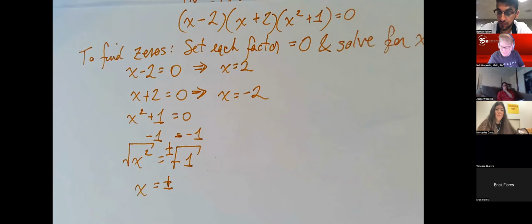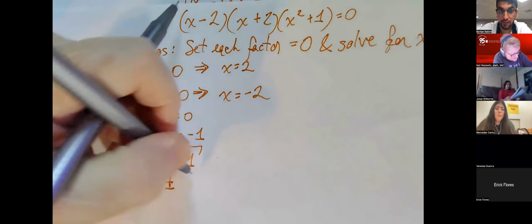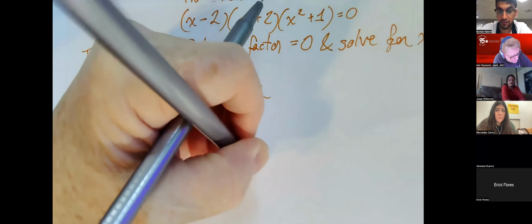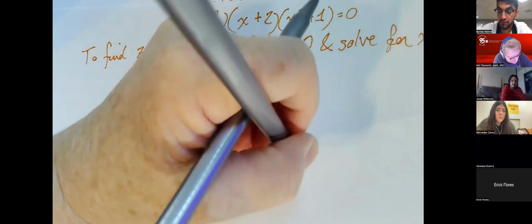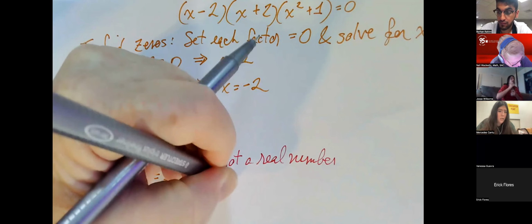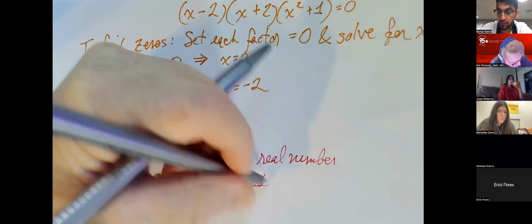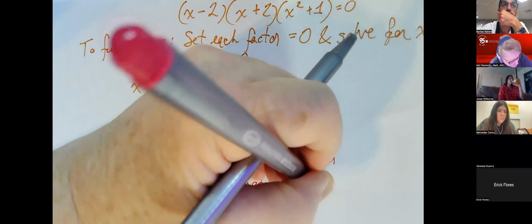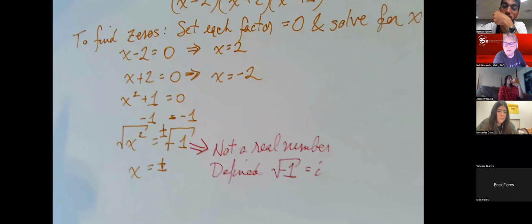No. That's right. So this is not a real number. And in fact, mathematicians have defined that the square root of negative 1 is equal to the imaginary letter i.